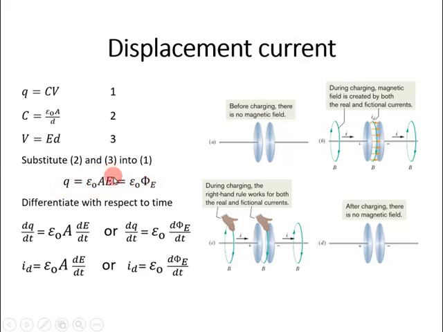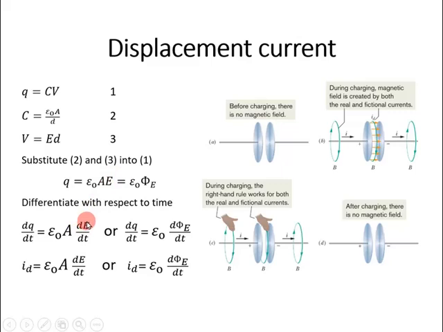Realize that this product here, the area multiplied by the electric field, gives us the electric flux. Now we can differentiate the whole thing with time. dq/dt gives us the current. Then dE/dt: if we differentiate everything here, this one is constant, the area too is constant, so it is the electric field that is changing.